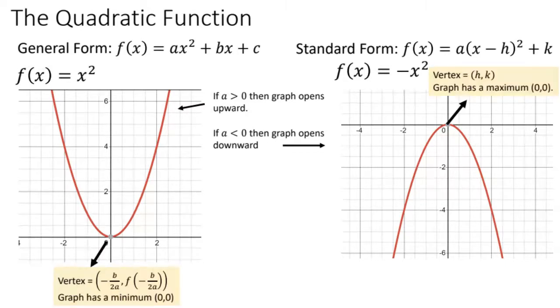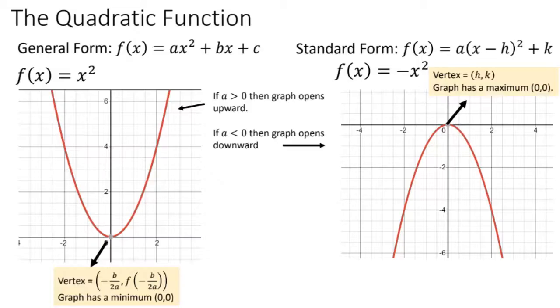All right. So again, if we have the quadratic in general form, it's very hard for us to really get a sense of what the graph looks like. But when we have it in standard form, which is in this form, a times x minus h squared plus k, where h and k represent our vertex, we're able to see what our vertex is and how the parabola either is shifted up, down, left, or right.